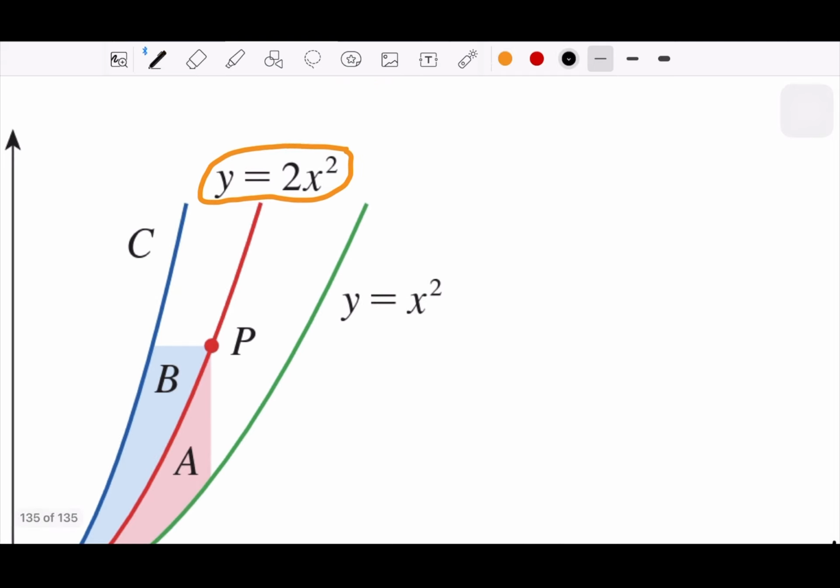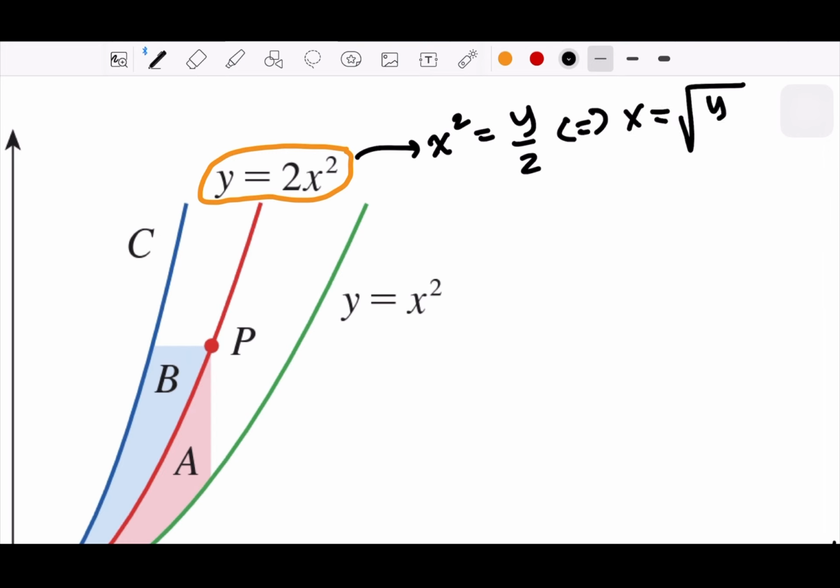So we need to write this as x. So x squared is y over 2, or x is square root of y over 2. And we are just going to need the positive one because we are dealing with just the positive axis, right? Okay. So that's the red curve.